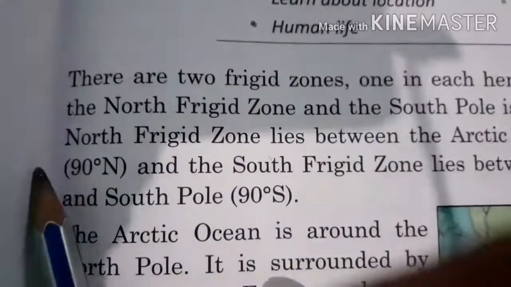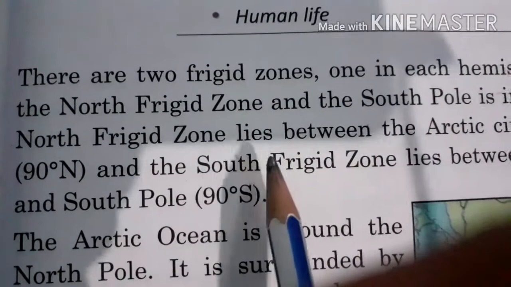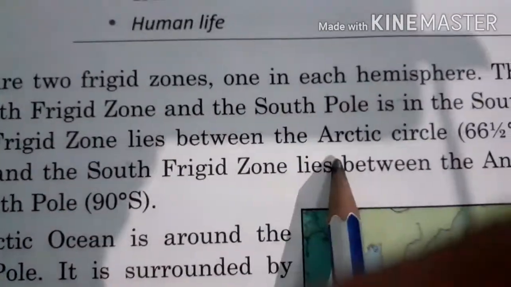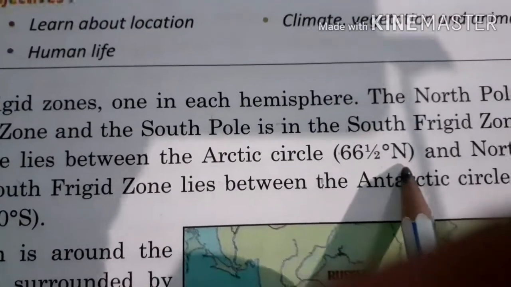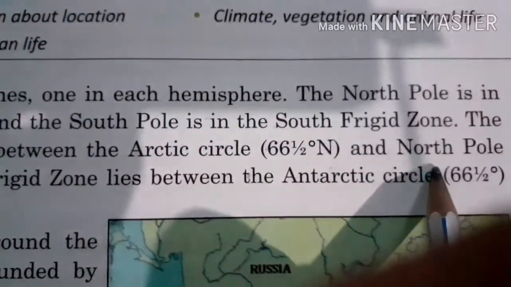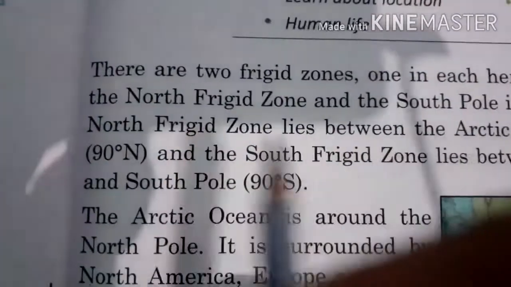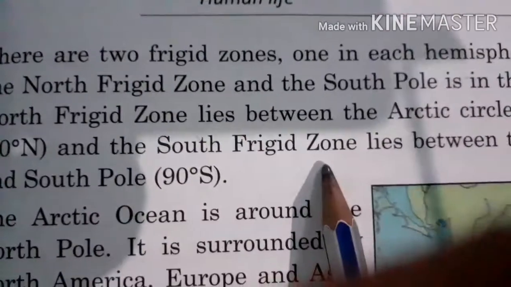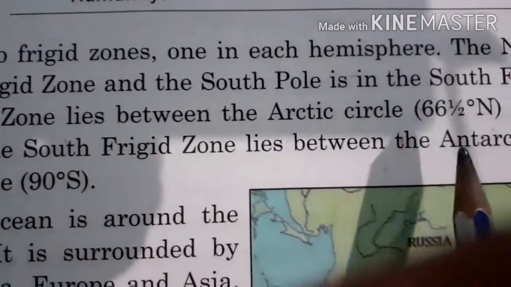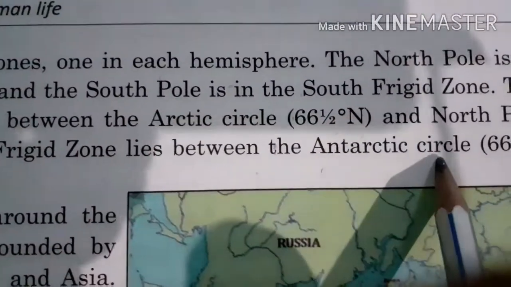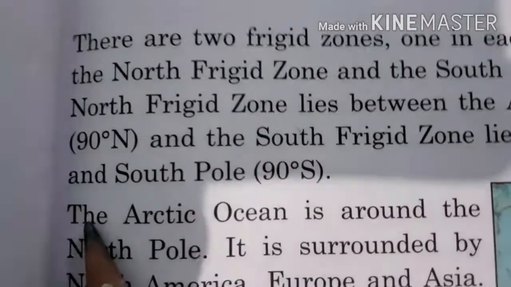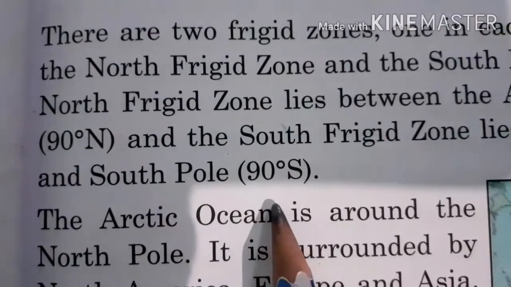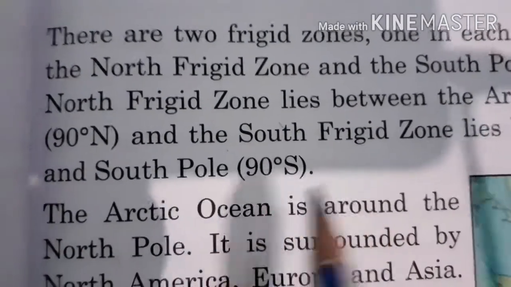The North Frigid Zone lies between the Arctic Circle, that is 66.5 degrees north, and the North Pole, 90 degrees north, and the South Frigid Zone lies between the Antarctic Circle, 66.5 degrees, and the South Pole, 90 degrees south.